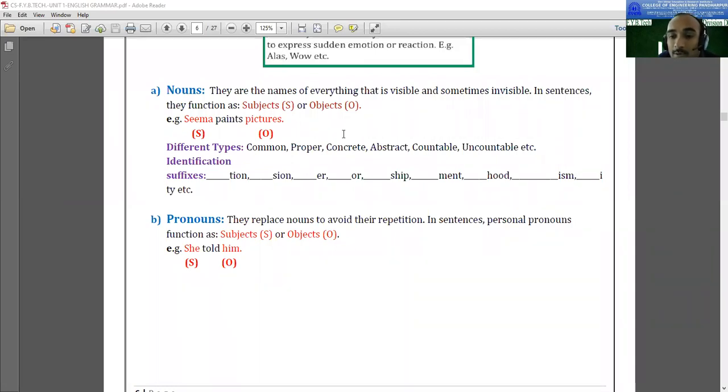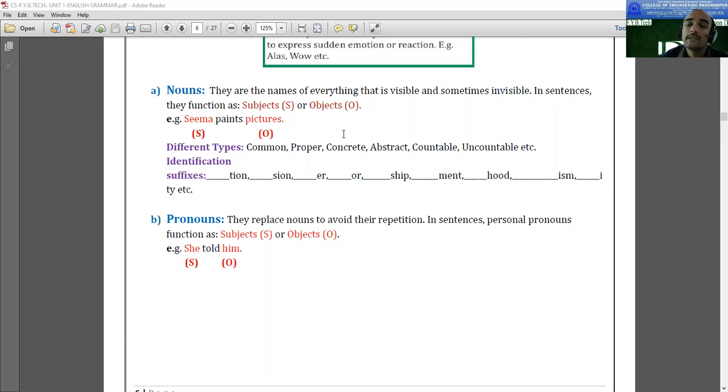Let's discuss the abstract noun. What are the abstract nouns? Tell me the definition. A noun denoting an idea, quality, or state rather than a concrete object.